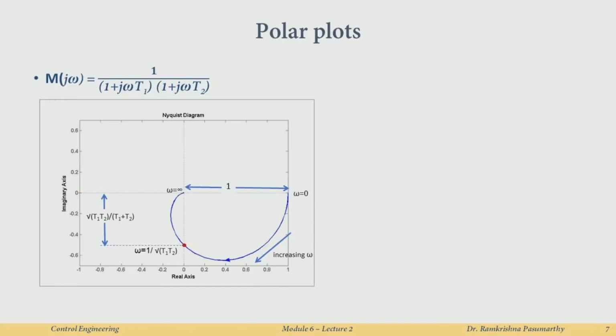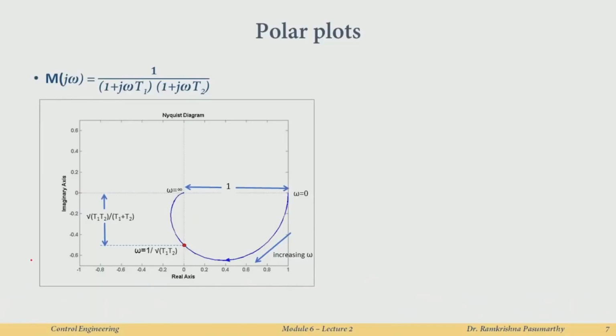The next thing: what happens if I have two poles, 1 plus j omega t1 and 1 plus j omega t2? Just be careful when you do these polar plots that your transfer function should always be in the time constant form, not like s plus 1, but something like 1 plus j omega t1. That should be very easy to derive.